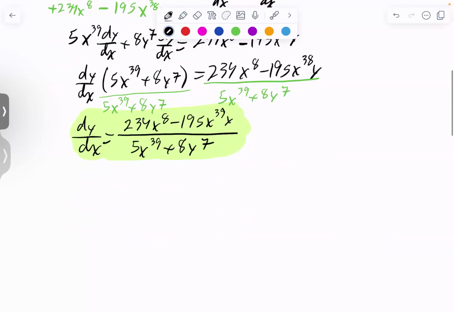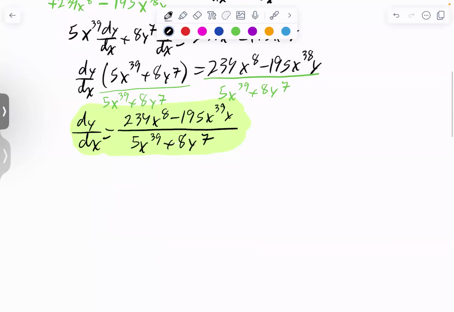The second part is they want us to find the tangent line at the point 1, 1. All right, so I need to find m, which is my dy dx, specifically at x equals 1, and y equals 1.